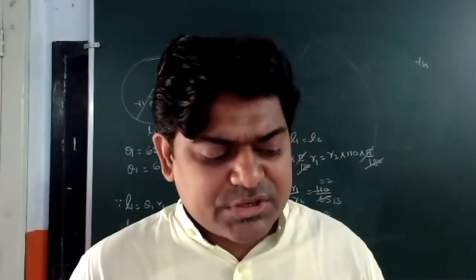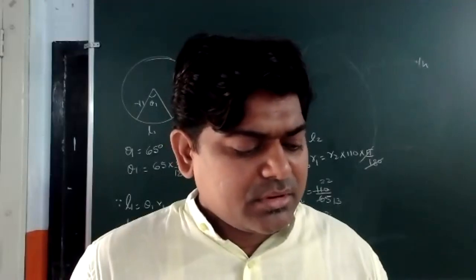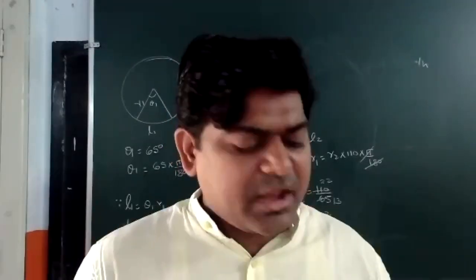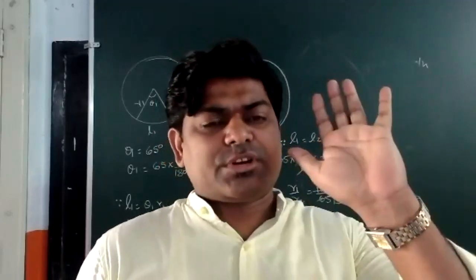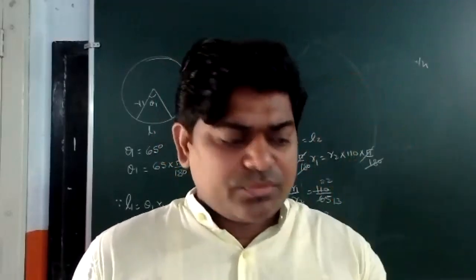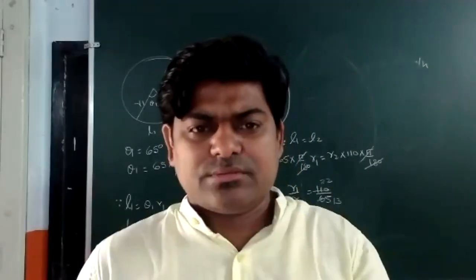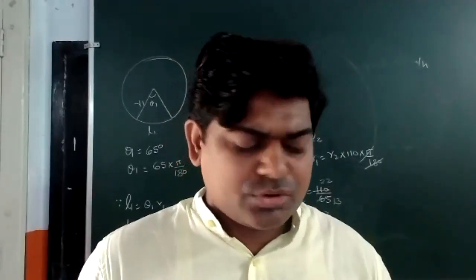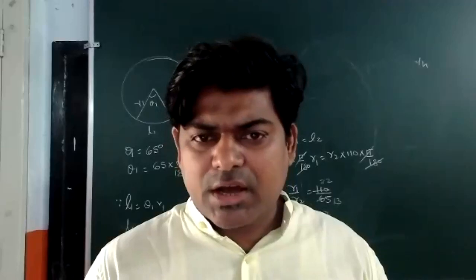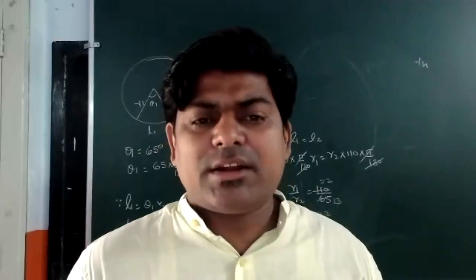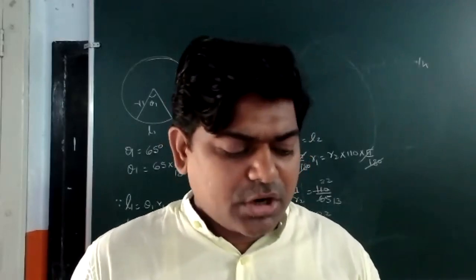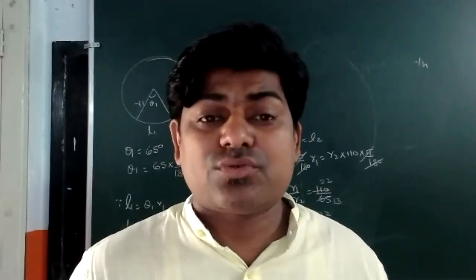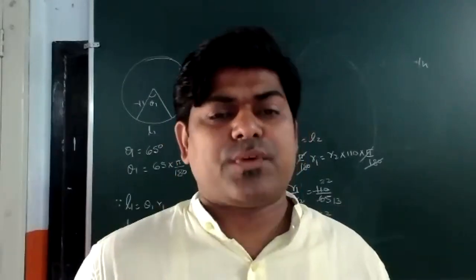Its length is 50 centimeters and the tip describes an arc length. R is equal to 50 centimeters. In the first part I'll take L is equal to 10, then find theta. In the second part I'll take L is equal to 16, then find theta. In the third part I'll take L is equal to 26, then find theta.